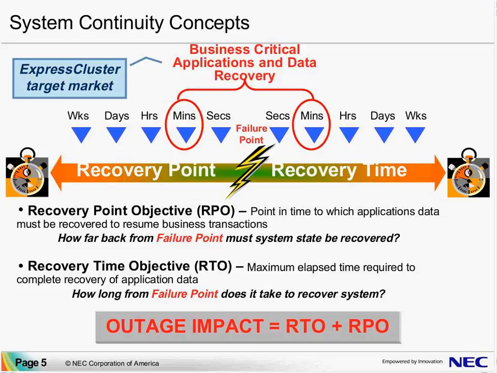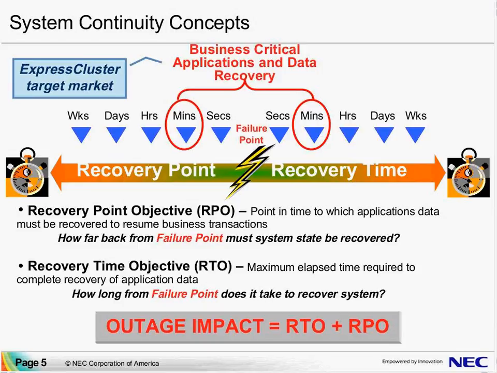The second concept is the recovery time objective. This talks about how quickly the system needs to recover to continue processing of user requests and transactions. For the ExpressCluster target market, this is focused on recovery within minutes.